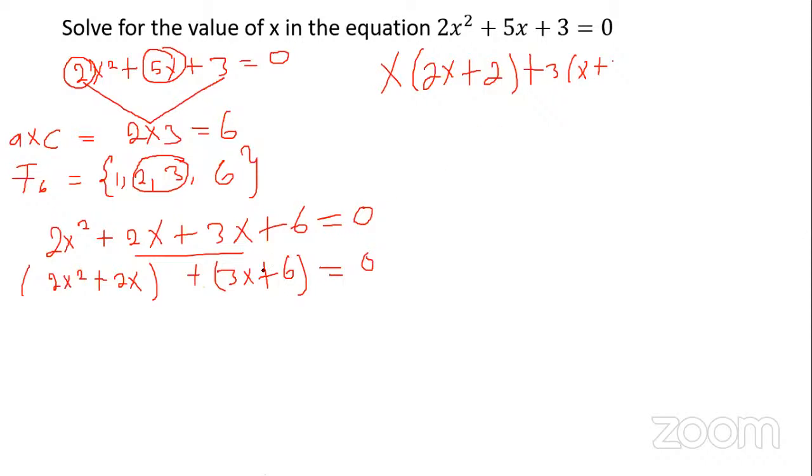Now when you get 6 divided by this 3, you get 2. Okay. Monique, so I think the first bracket, the common factor is 2 into x plus 1. Then this other one is okay.